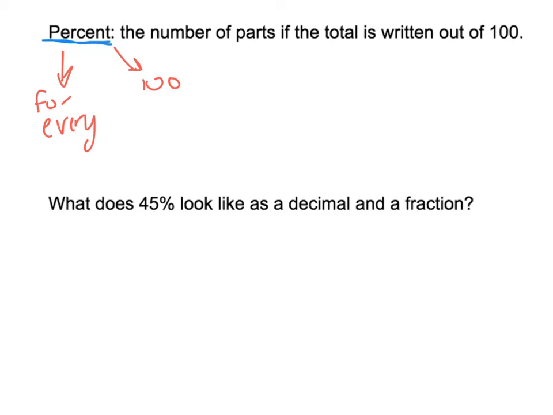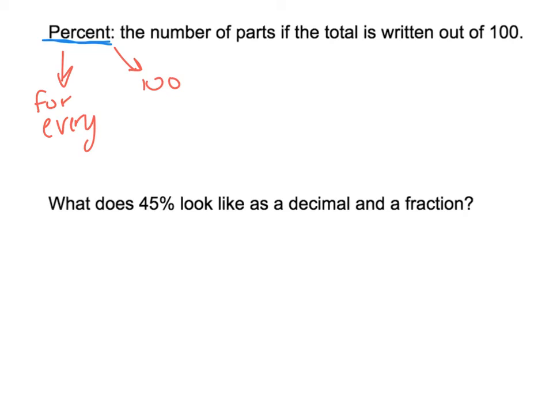It helps us to be able to compare two different fractions or two different decimals to one another and really understand where they fall in comparison to each other. So for instance, we could compare a quiz that's out of 10 to a quiz that's out of 15, even though they don't have the same denominator, because we can essentially use the percentages, which is a way of basically writing every fraction with a denominator of 100.